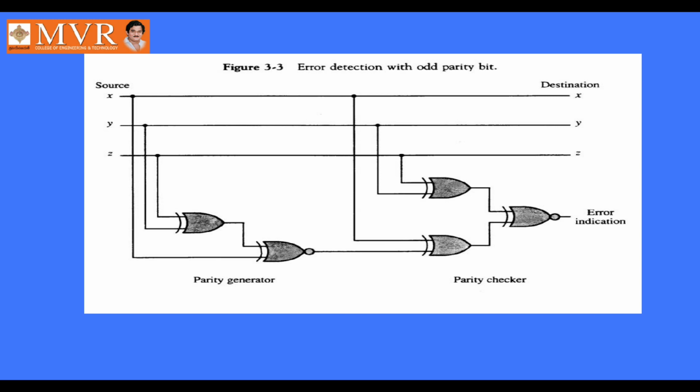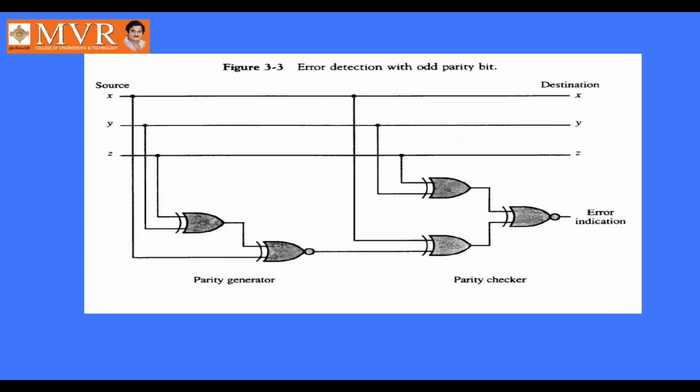If X, Y, Z and the error bit, all the 4 numbers, follow the odd parity method, meaning the total number of ones is odd, then you can say there is no error.